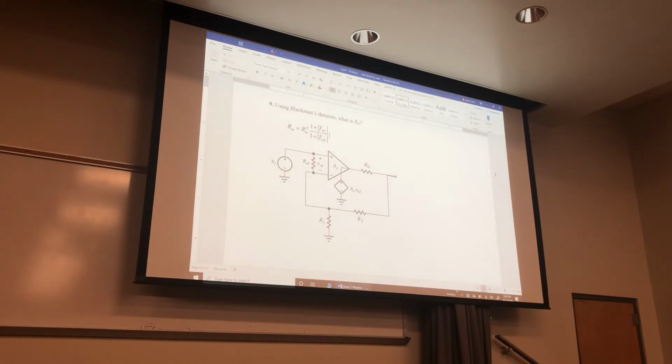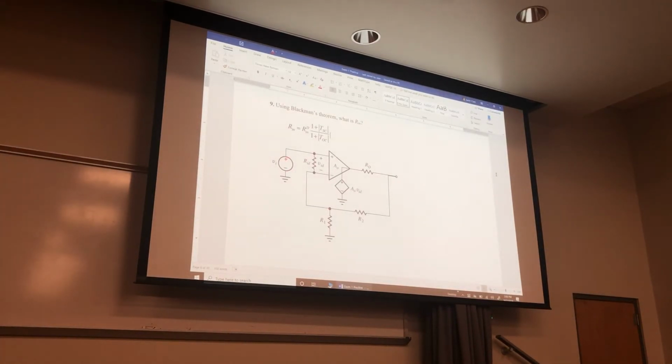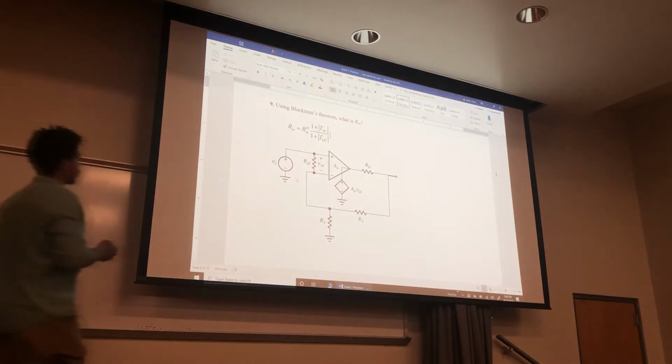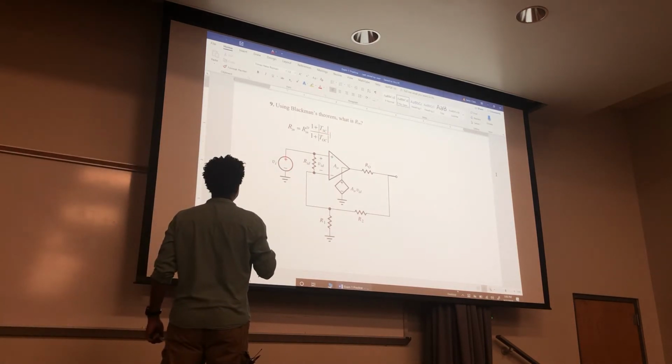Now for the short circuit up here. If it's short circuited, then this right here is just going to ground. That's ground right here.